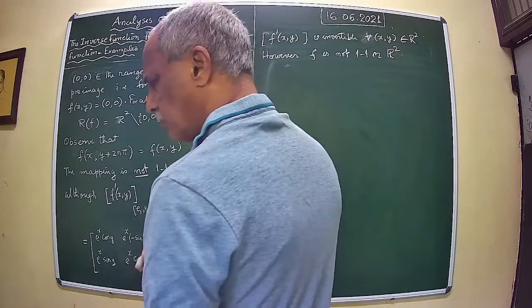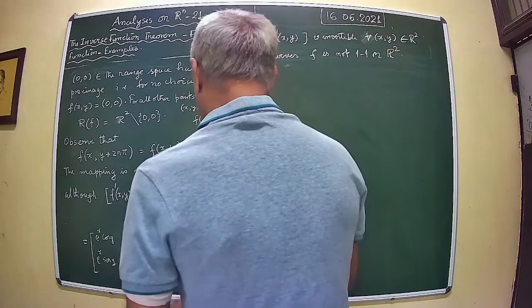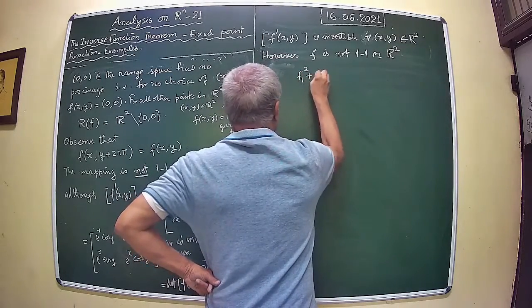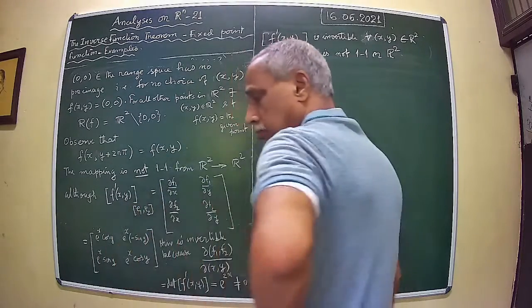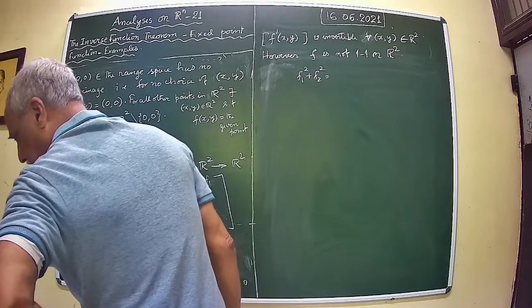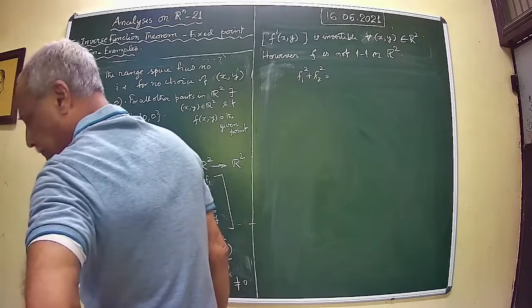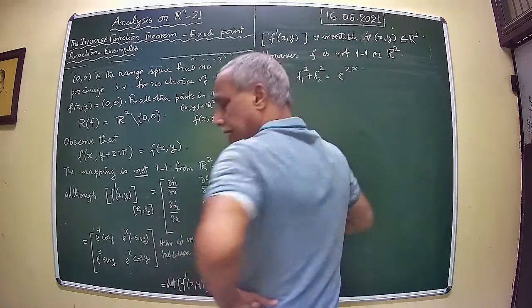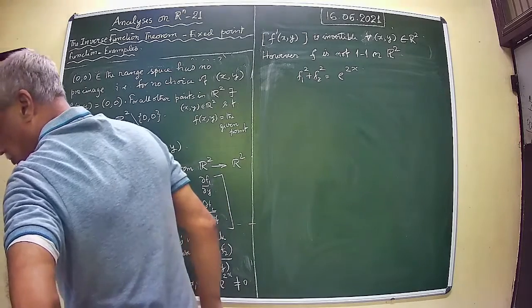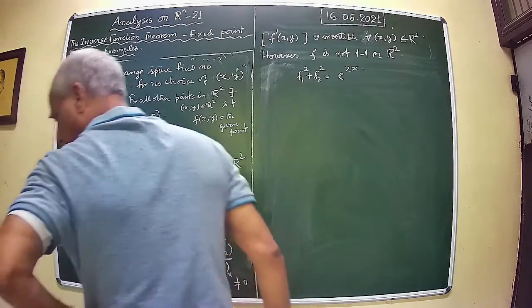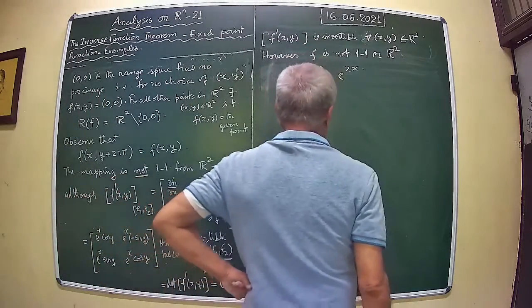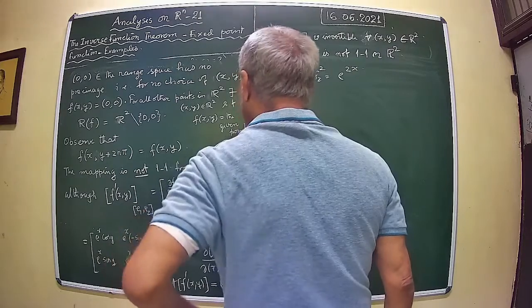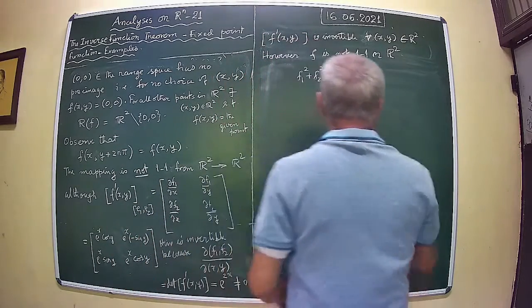The local inverse would work out to be, you see that you have got, say, square equal to e to the power 2x, and f1 by f2, so if you take f1 by f2 by definition, you see that it is, okay.